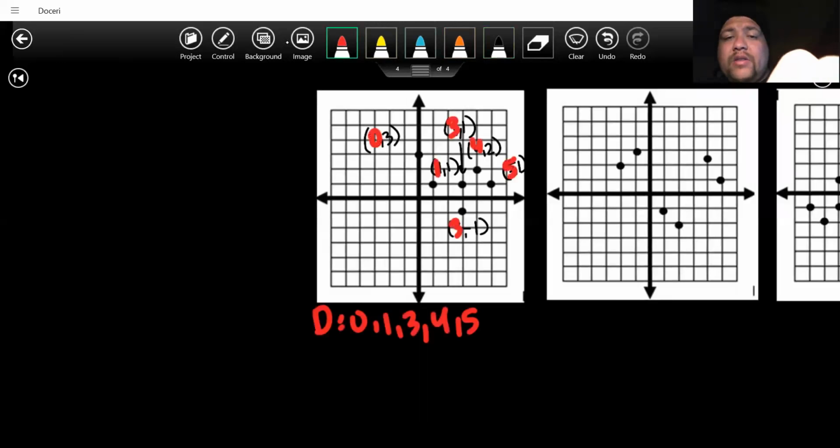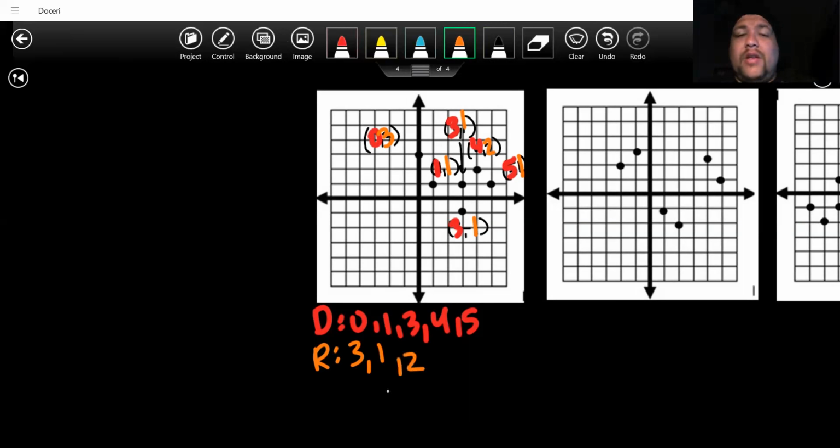Our range values are exactly the opposite term. In this case, we're getting 3, 1, 1, 2, 1, and 1. Again, it repeats a lot. So we're getting 3 is for one of them. We're getting 1 and 2. That's it. Even though 1 repeats 4 times, we just have to write it once.